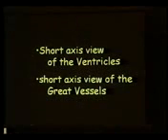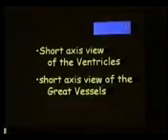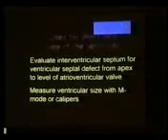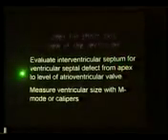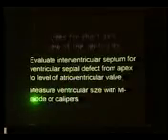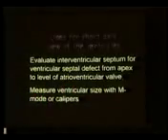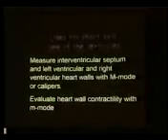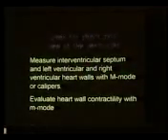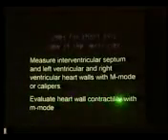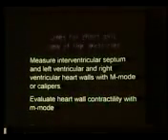Now we talk about the short axis view of the ventricle, the short axis view of the great vessels. This is very important. What are the uses? To evaluate the ventricular septum, ventricular septal defect; measure ventricular size with M-mode or calipers, whichever you prefer; measure the interventricular septum and the left ventricular and right ventricular heart walls to see thickness; and evaluate the heart wall contractility with the M-mode.